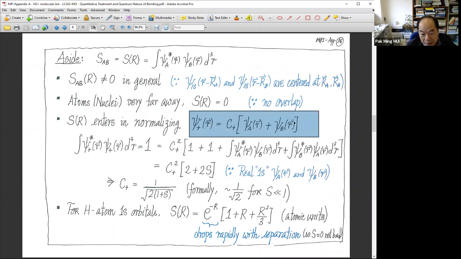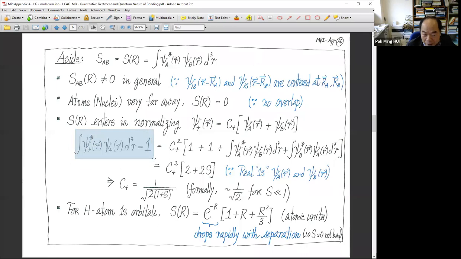Then what remains for us to do is require this to be normalized, thereby we can find this constant coefficient C plus. So this is the physical requirement. The LCAO, the bonding state, should be normalized.